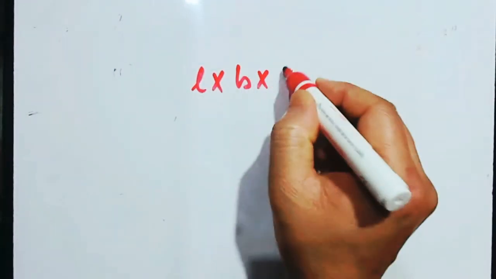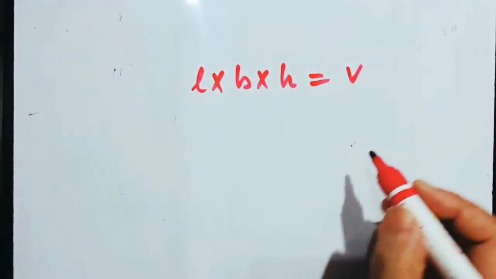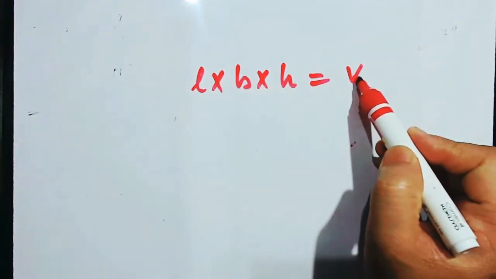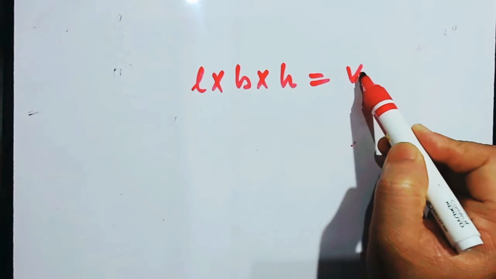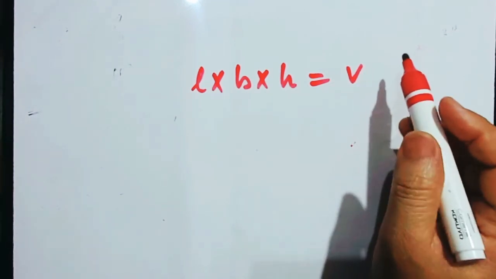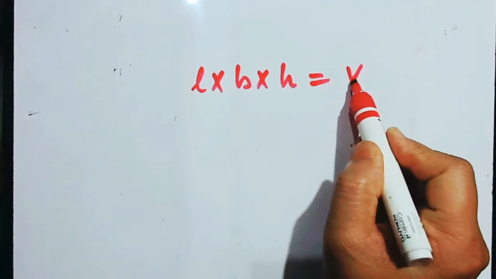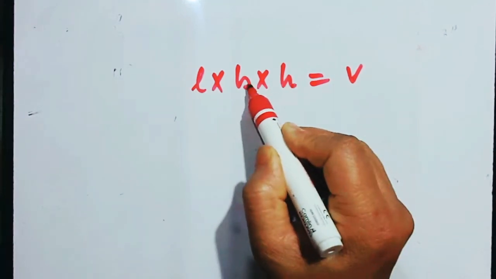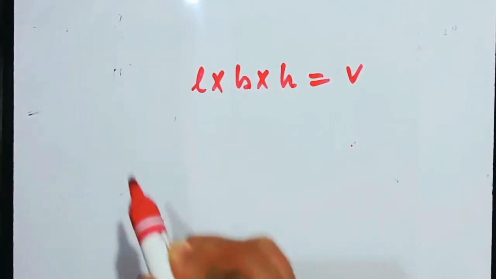Okay. Moving on to the next one, what I find is the volume of a cuboid. So that is what I said. L into B into H is equal to V. So if they give you L, B and H, they will ask you to find out the volume. They might give you three of these units, that is volume, height and base, and then they will ask you to find the length.